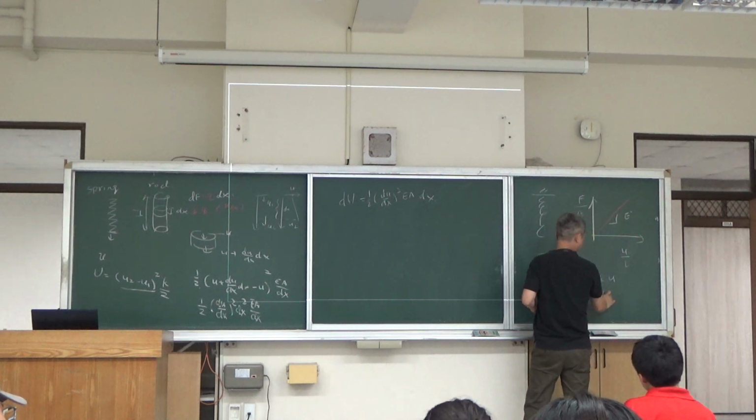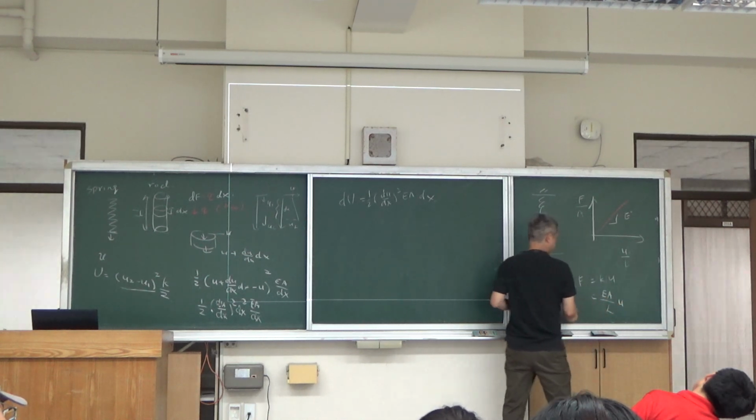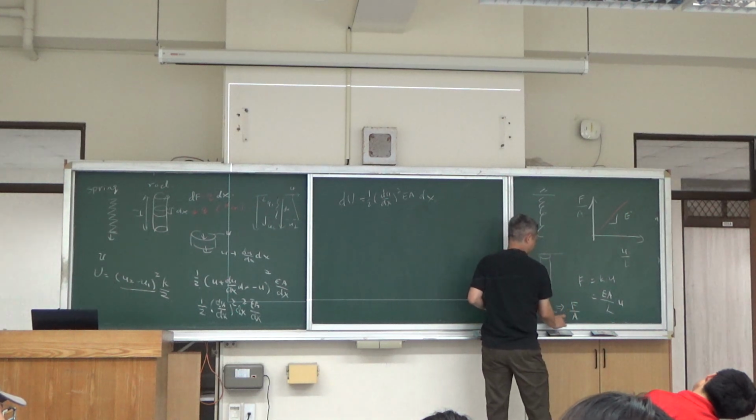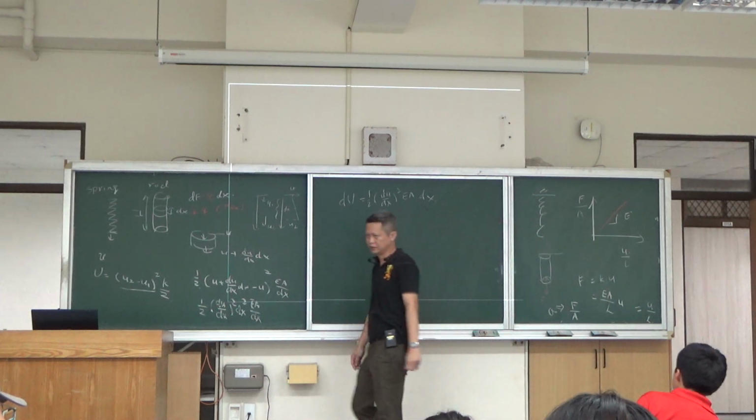But remember, K is EA over L. So you can rewrite this as force over the area, which is the stress, is equal to U over the starting length, that's the strain.